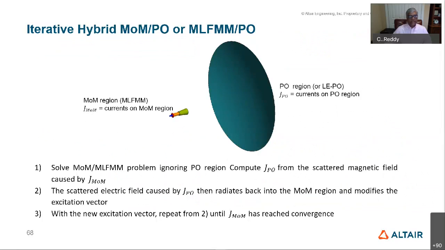Going a little bit further, we also introduced what's called iterative method of moments and physical optics, or MLFMM physical optics. That is, instead of trying to couple the whole problem in one big solution, you can solve these separately and use those currents to radiate into the physical optics region, and then use those currents to radiate back, and back and forth until you converge.